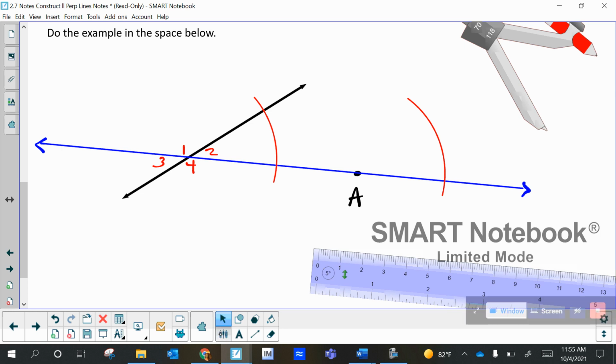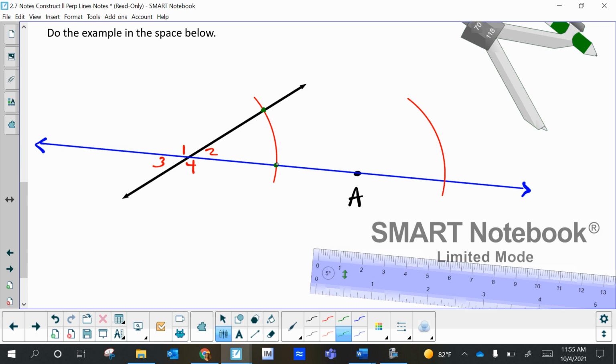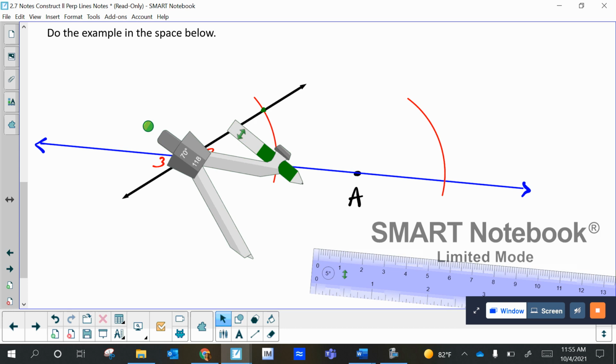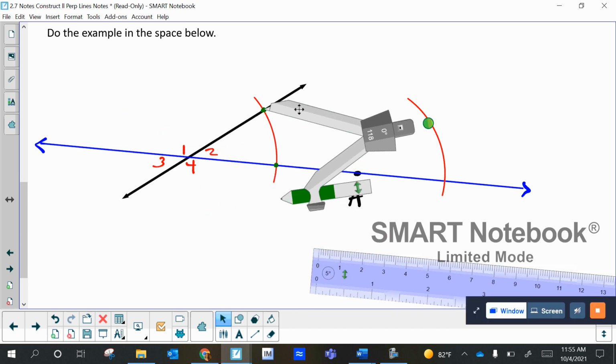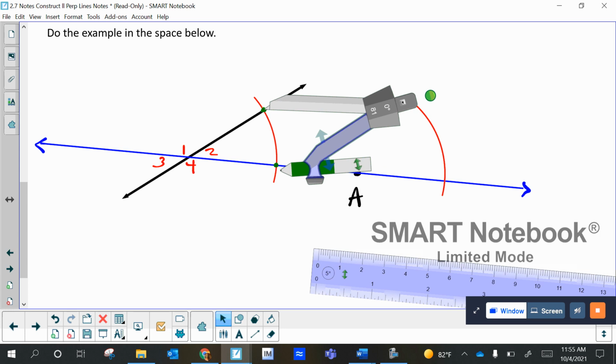This is a strategy I told you a long time ago: if you take your red pen or a highlighter or some color and you color those 2 points, those are very important. What do I got to do with those 2 green points? I got to measure them. Very good. So I'm going to take my compass now and measure those points there.